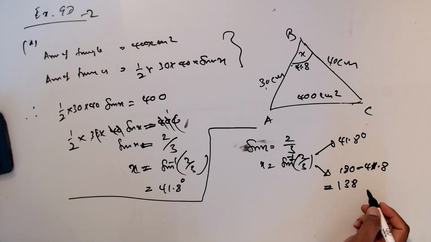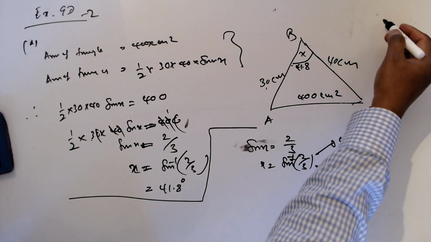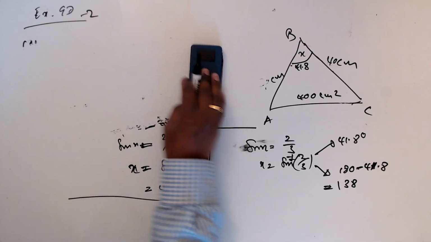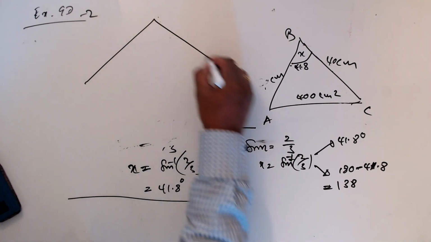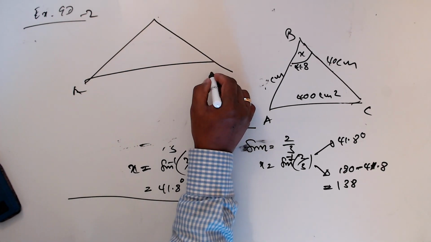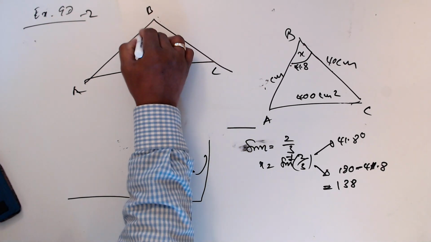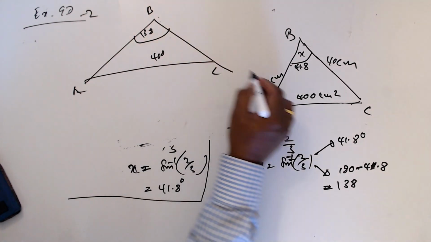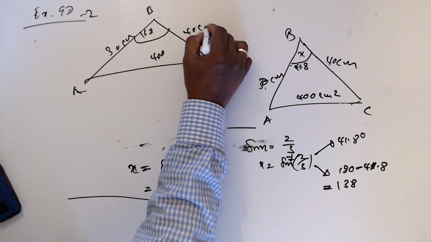It means there is another triangle. If I draw here, same A, C, B, and that is 138, and that is 400, and this is 30 centimeter and 40 centimeter.